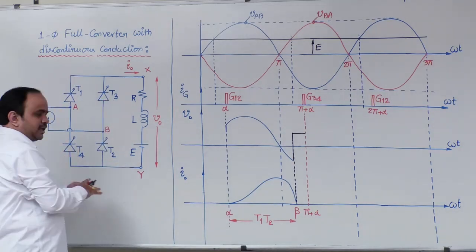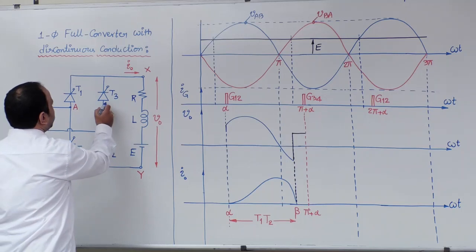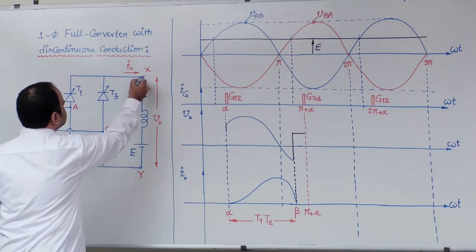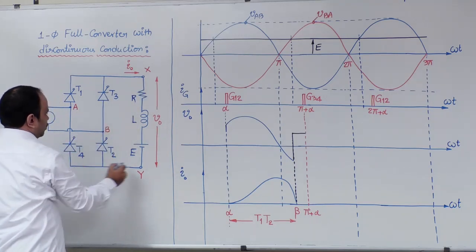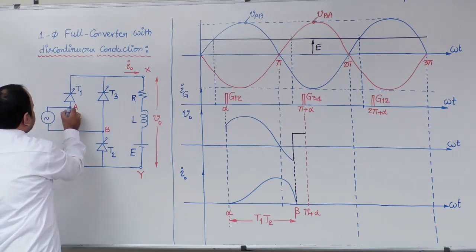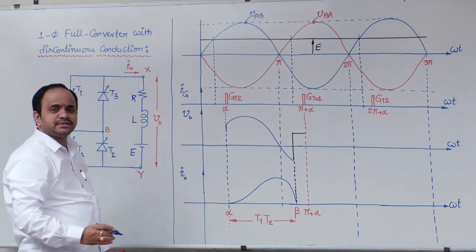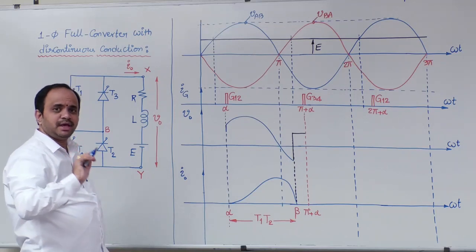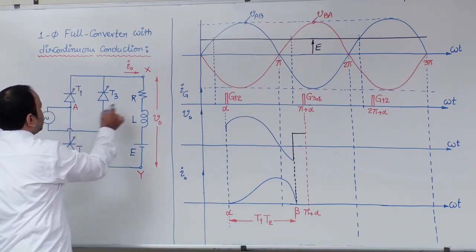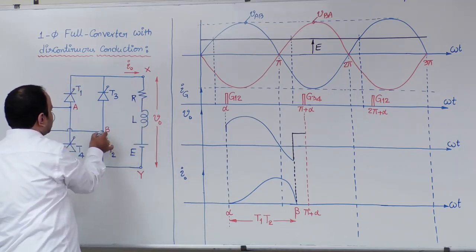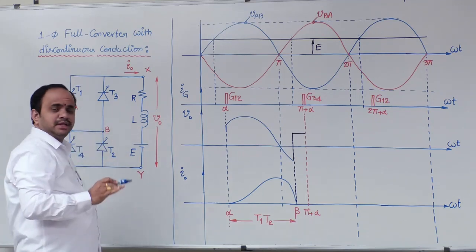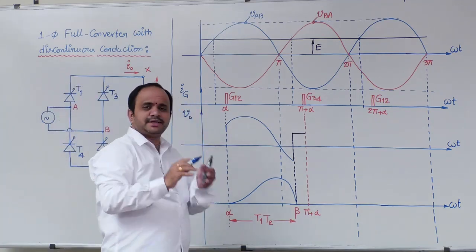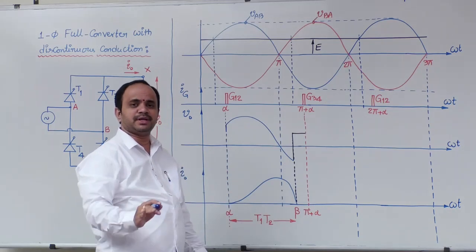T3 T4 pair is triggered. Therefore, load terminal X is connected to B, Y terminal is connected to A. Therefore, output voltage will be same as VBA. Again, the same RLE load is connected to a sinusoidal source. Therefore, the same equation and same solution for I0 will be applicable.